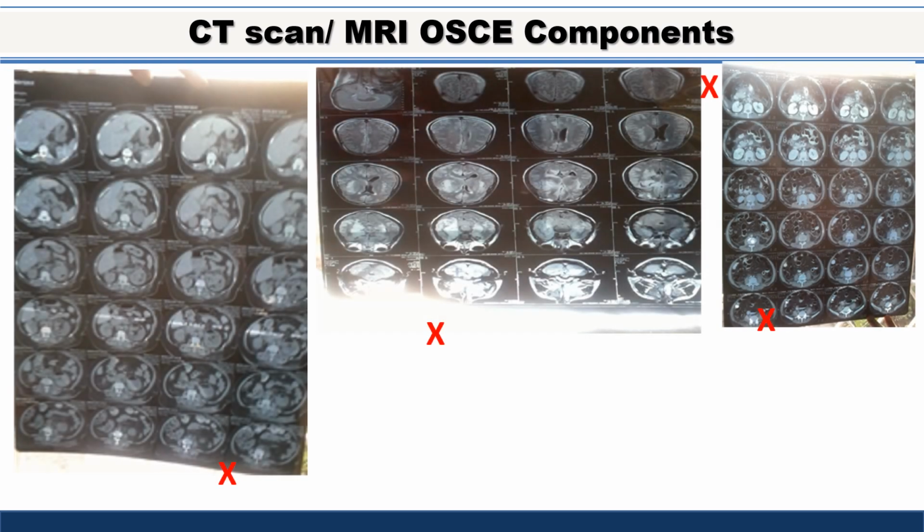These are examples of unacceptable CT scans or MRIs. They're distorted, they're not properly uniformly lit, they show a very casual attitude of the candidate, and that is not a good impression to have with your examiners.